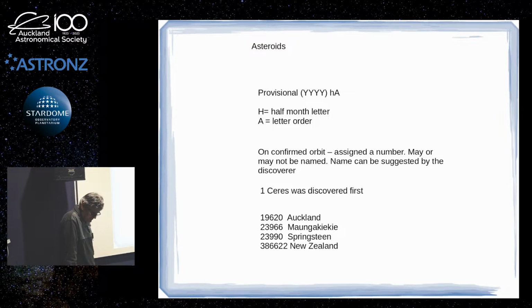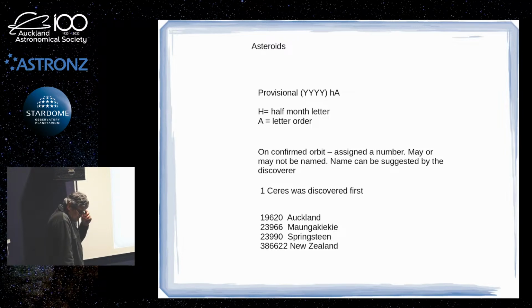And then I've listed some here that were found in the region. 19620 Auckland, 23966 Maungakea, 23990 Springsteen were all discovered here at the Stardome by, I think, Ian Griffin, who used to be director here, must be 15 years ago or more. He started here in 1998 and he was here till about 2000. Oh, he was here for just 2 or 3 years, that's right.